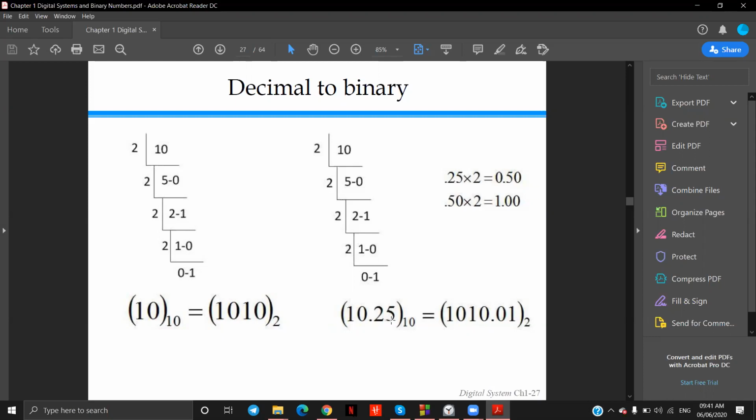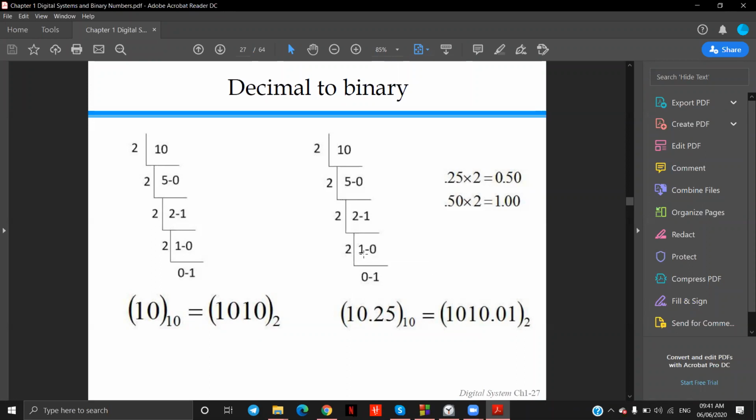At first we see the division portion, 10 divided by 2. Here 5 is the quotient and 0 is the remainder. Then again 5 divided by 2, 2 is the quotient and 1 is the remainder. Again 2 divided by 2, 1 is the quotient and the remainder is 0.